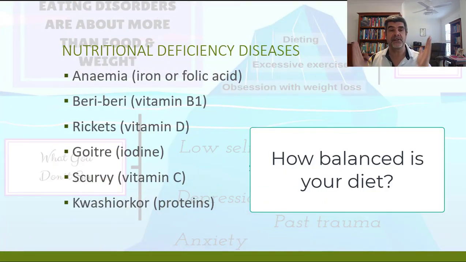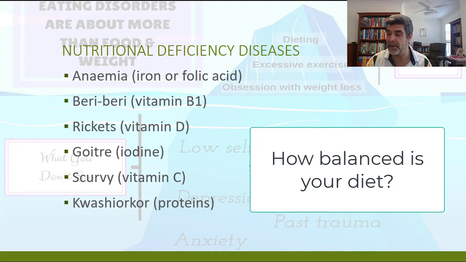If we want to focus in on some of the specific nutritional deficiency diseases, then what we need to do is to start to look at certain elements or compounds that maybe can contribute to certain types of diseases if they are in low or missing from our diet.